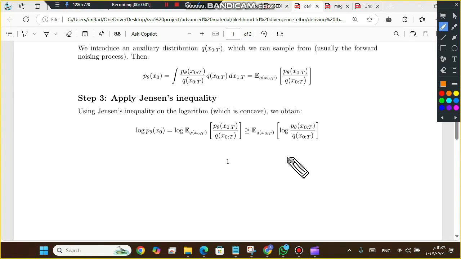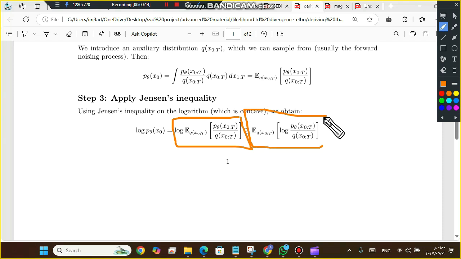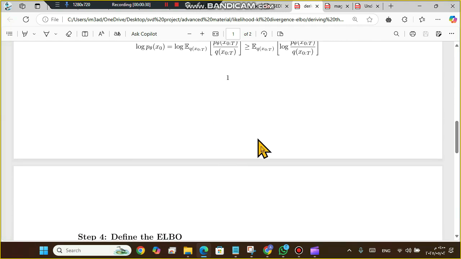All right, so we have gotten to the point where we know that this part over here is always greater than or equal to this part over here. But we have just derived the fact that this part over here is actually the log of the expectation, right? So we can rewrite that as what?